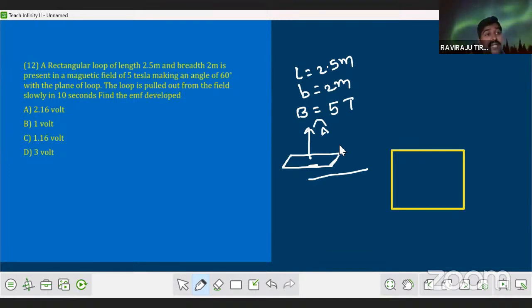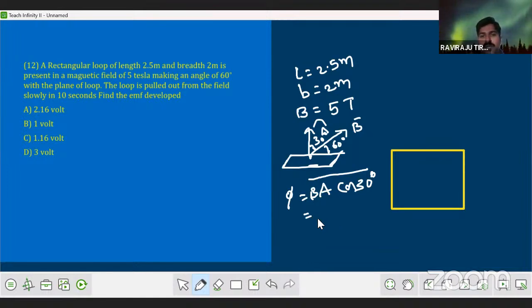And the magnetic field is at angle 60 degrees with the plane of the loop, not to the area. Okay, with the plane it is making 60 degrees. Then with the area, how much angle does it make? 30 degrees only, na? Then what is the flux formula? Phi equal to BA cos 30 degrees.